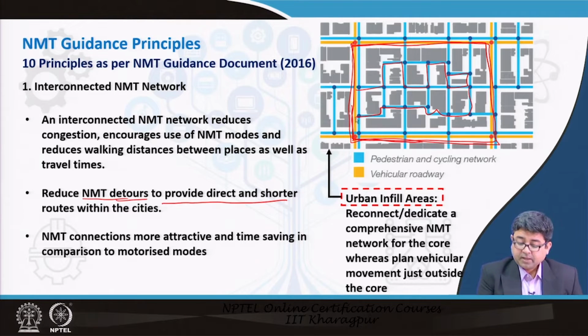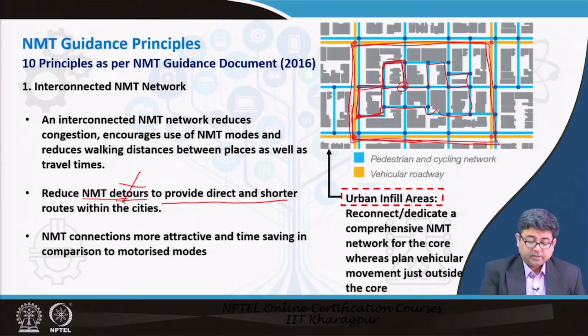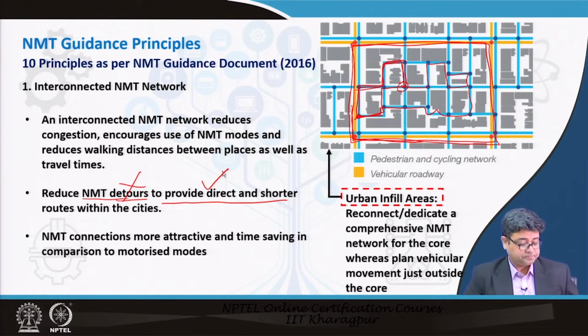But in case of NMT infrastructure, if the person has to go from point A to point B and you do not provide a direct connection and rather provide one that takes a detour like this, he or she may not take a non-motorized form of transport, and would rather just take a motorized two-wheeler and reach there. So, it is always good to avoid any detours and provide direct connections. So, that is the first principle, you have to have an interconnected NMT network.